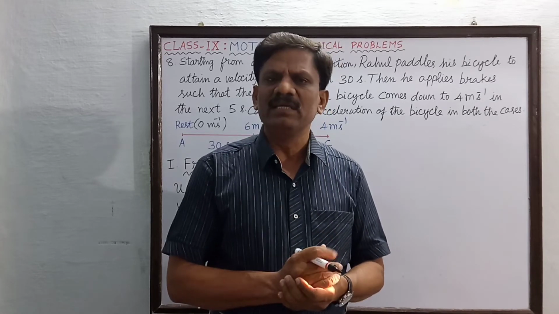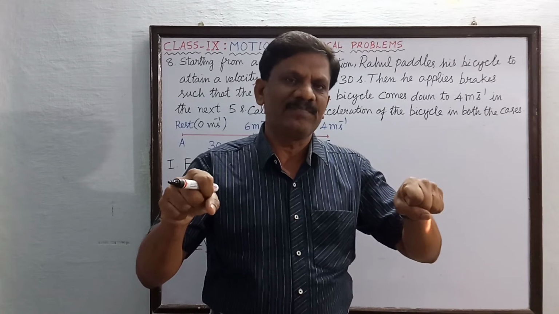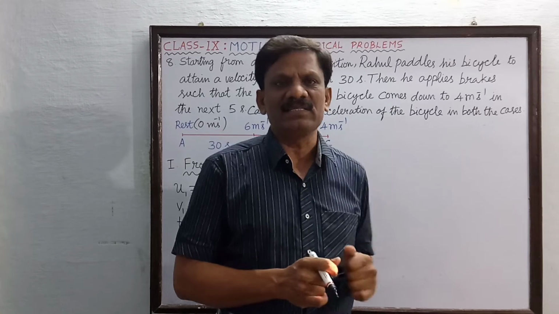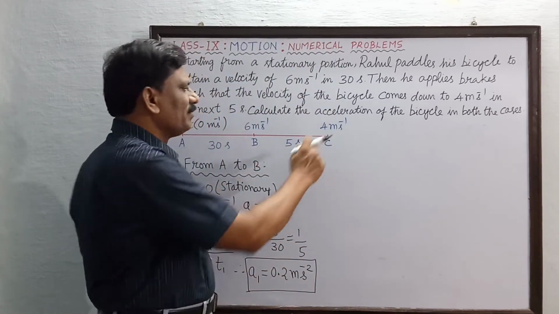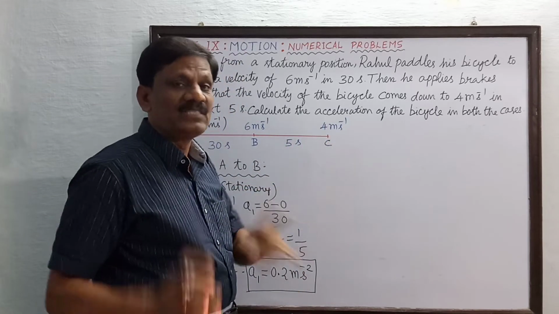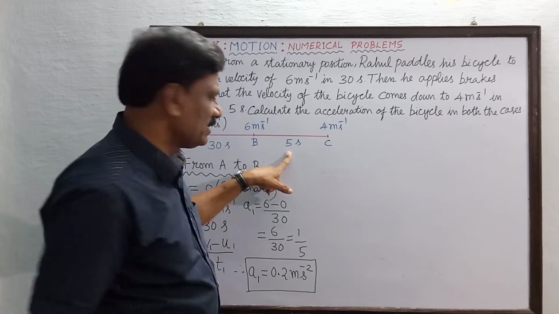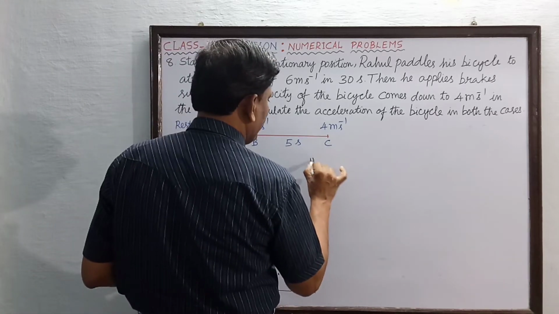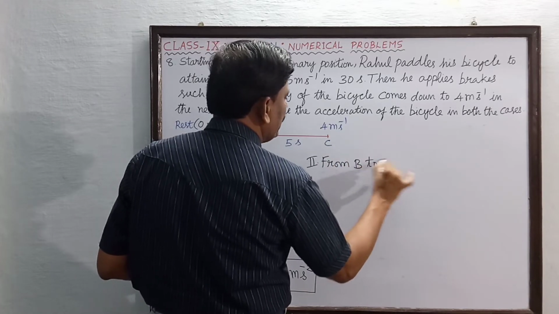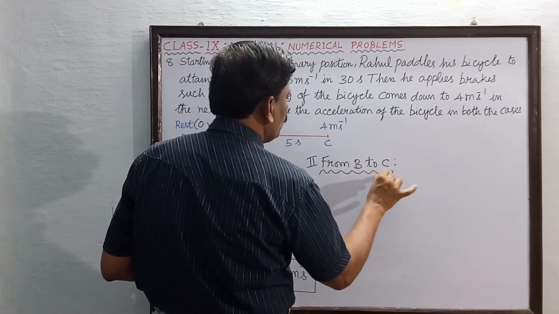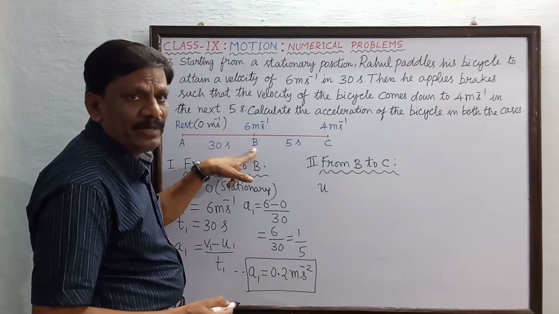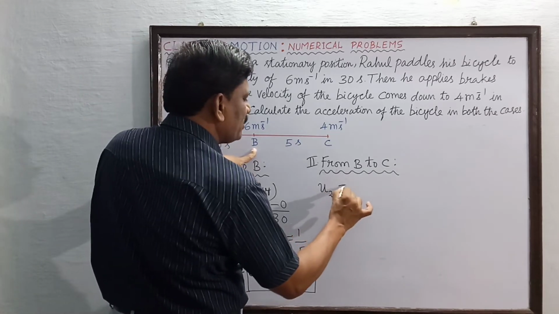After reaching B, he applies the brakes. And when brakes are applied, the velocity will decrease. Here his velocity decreases from 6 meters per second to 4 meters per second. And for this change in velocity, how much time is consumed? 5 seconds. So step number 2, I will write from B up to C. In this case, the velocity at the point B is the initial velocity, so I will take it as u2.